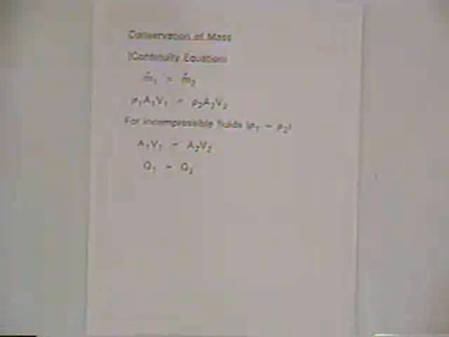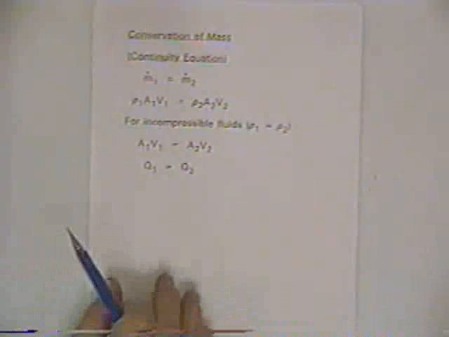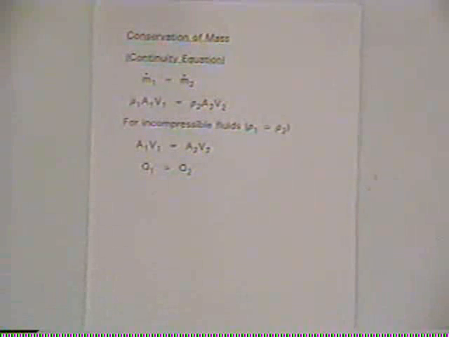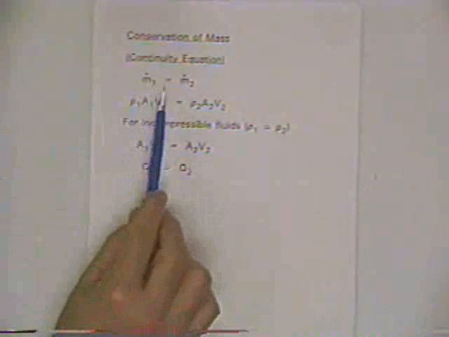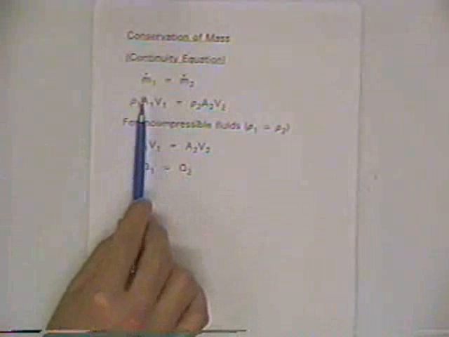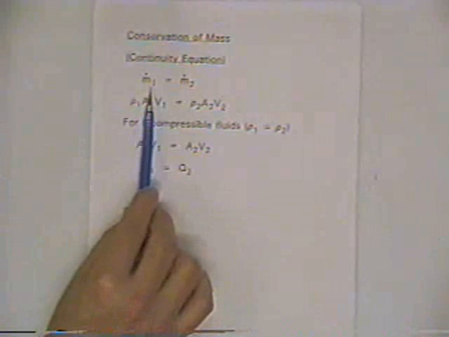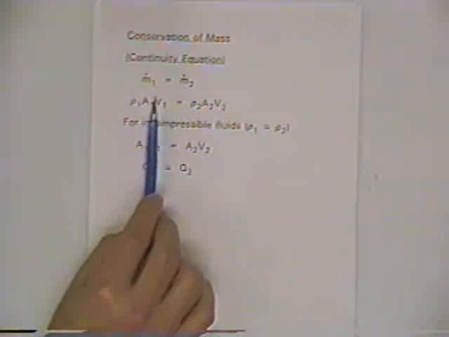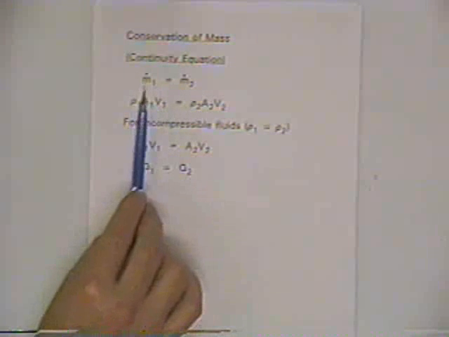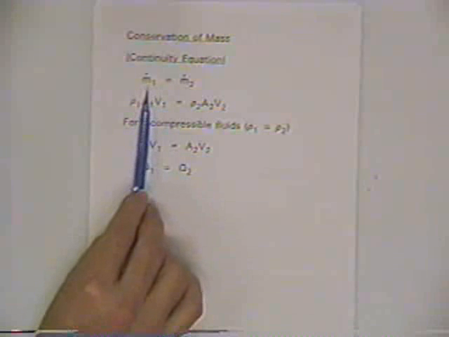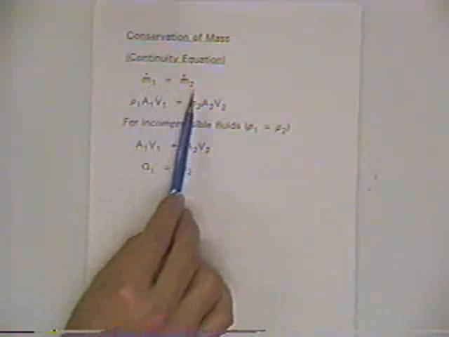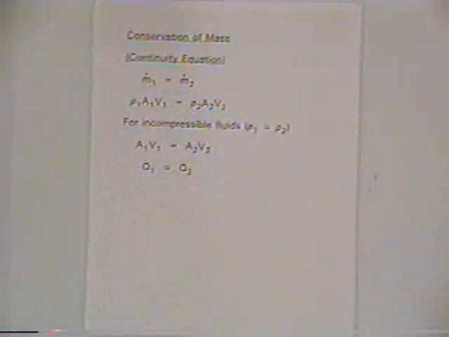So, just looking at the 3 conservation laws, mass, momentum, and energy, let's begin with mass. The basic conservation of mass: we're just saying that if we have a control volume, and we've got flows coming in and leaving at two sections, the mass flux, the mass per time at one section, is equal to the mass per time at another section.